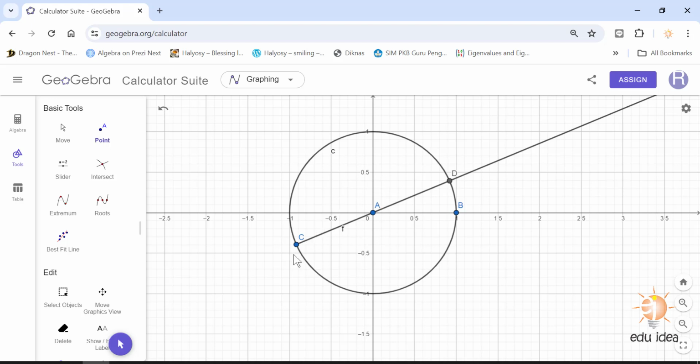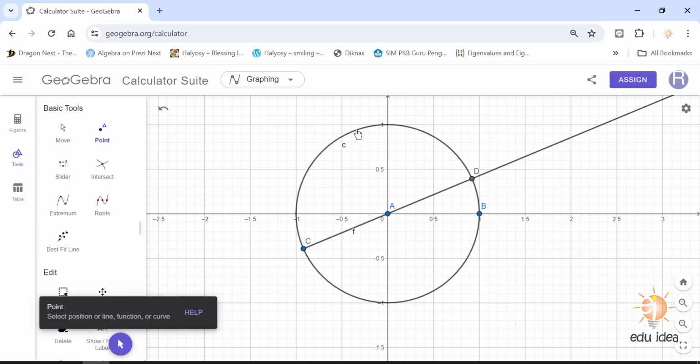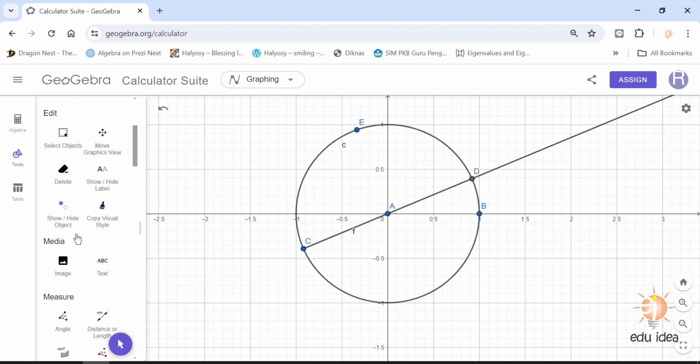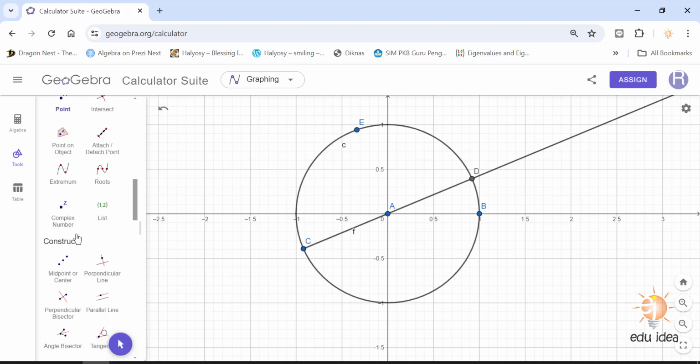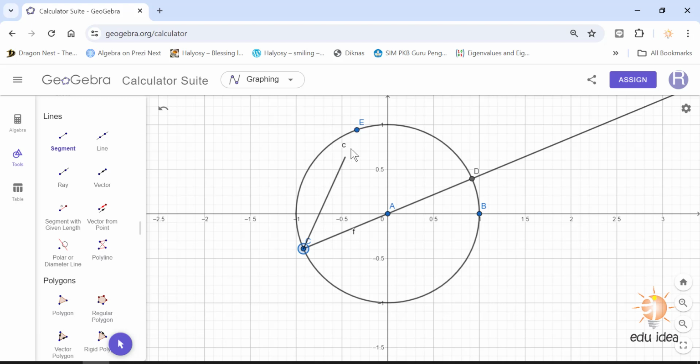So this is a semicircle, C, A, D, and then back here. Now, what we're going to investigate is this: if we draw another line, let's say I have another point over here, anywhere on the circle, and then I make a line segment from this point to the edges of the diameter, here and here.